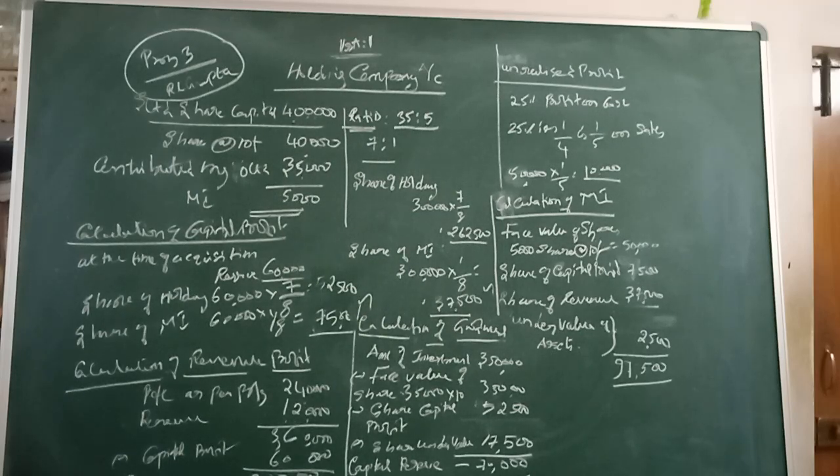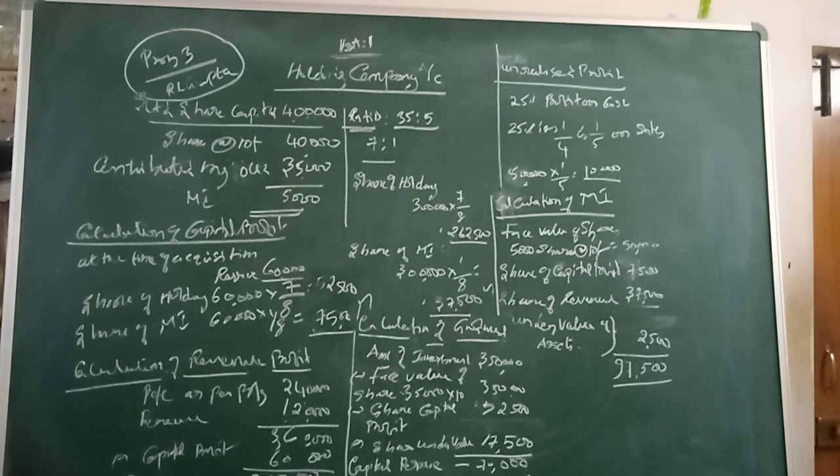Of that, the holding company contributed 35,000 shares. The balance 5,000 shares are contributed by outsiders. We take that item as minority, meaning a smaller part of the shares is contributed by them.